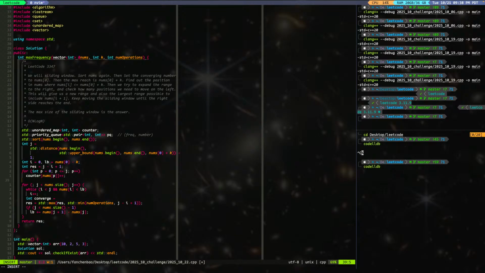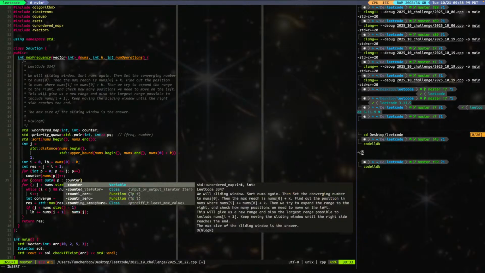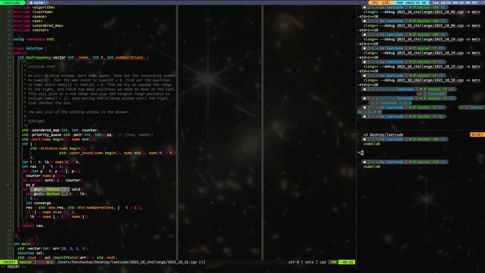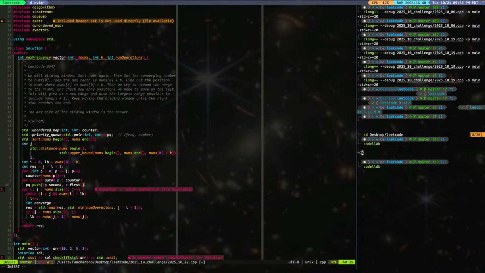So we say for const auto p of counter, pq dot push p dot second, p dot first.